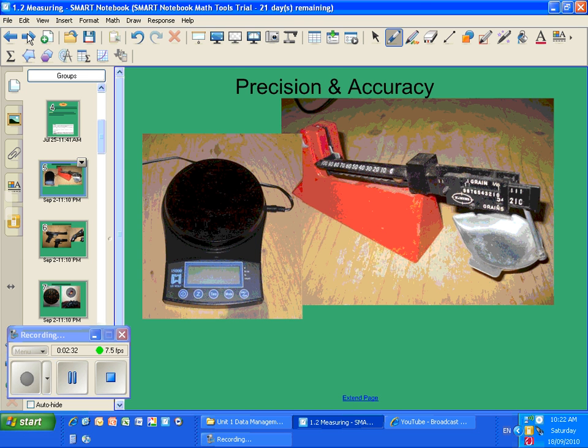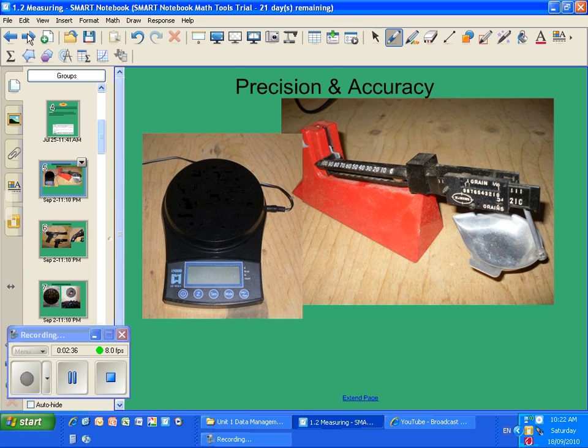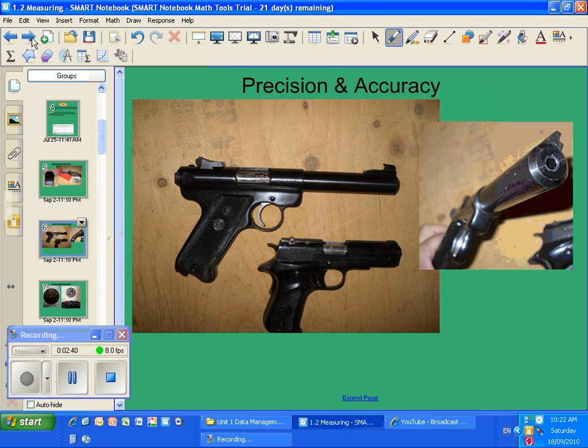So let's move ahead and take a look. There's different types of scales. Here's some digital scales and some old traditional scales. What the guys were most interested in was this: a couple types of handguns. These are 22s, and they use them for target shooting. The one on top is a very precise weapon. It has really good sights on it.